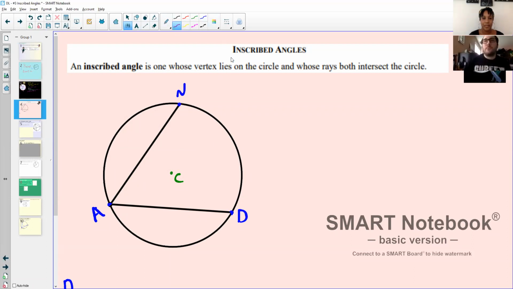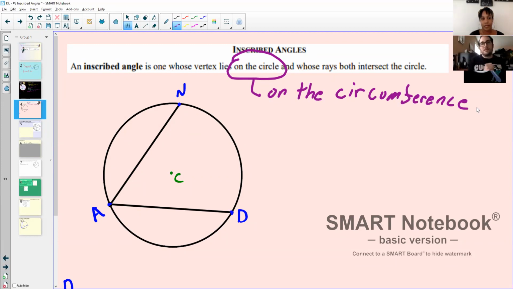There's something I want to point out. Number one, when we say on the circle, this means on the circumference of the circle. Quick question: what's the difference between an inscribed angle, which is what you see in front of you right now, versus a central angle?